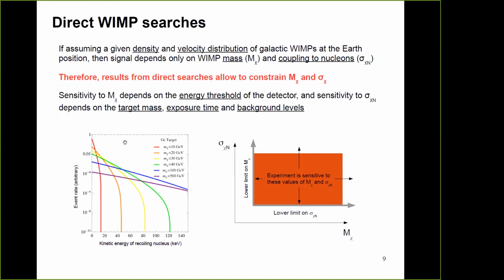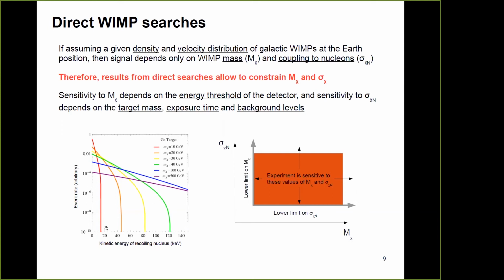And the coupling just has implication in the normalization. If you have a stronger coupling, you will have more events, and then the normalization will be larger. So the normalization gives you the strength of the interaction between dark matter and ordinary matter. In general, we have limits on these quantities. So the limit on the mass is the limit on the energy threshold.